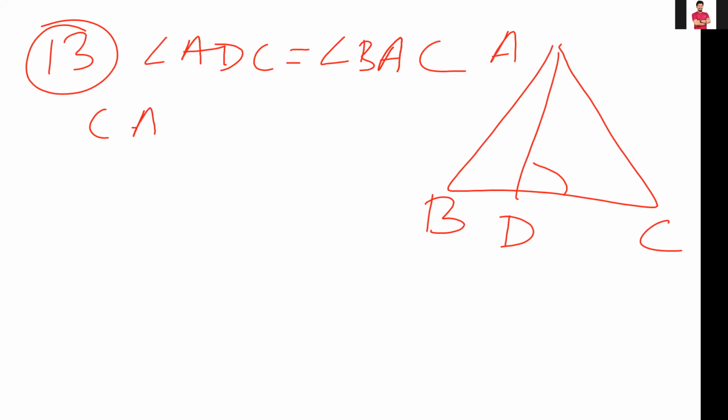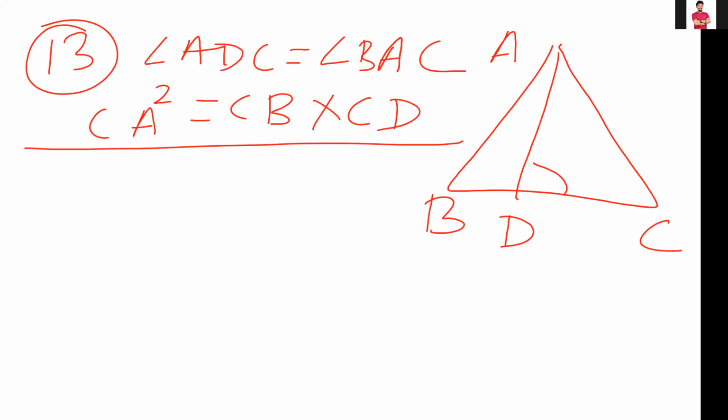You have to prove that CA square is equal to CB into CD. Fine. So we have to take two triangles.